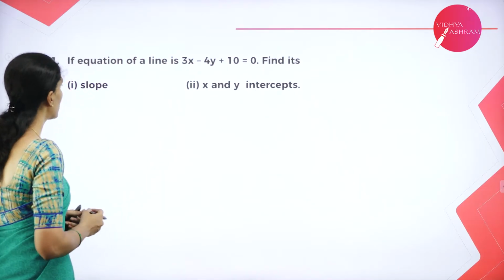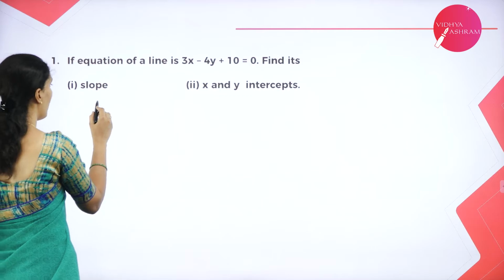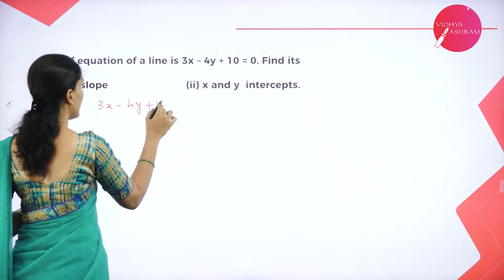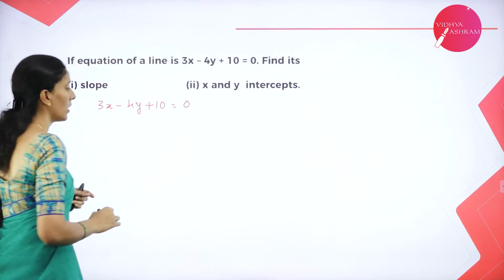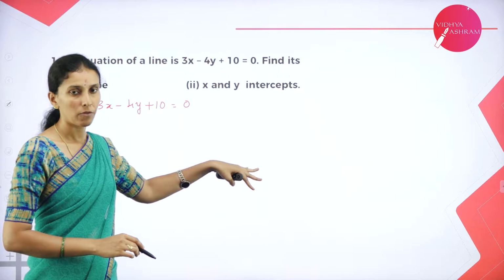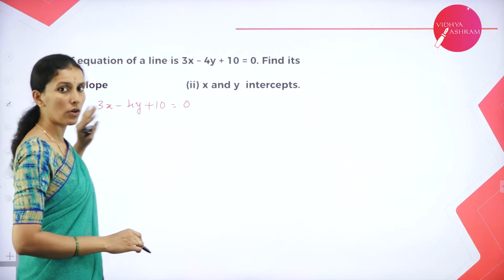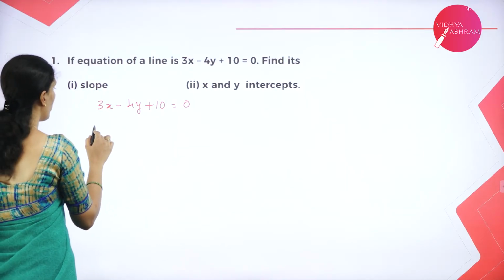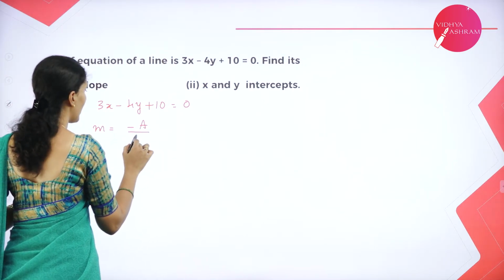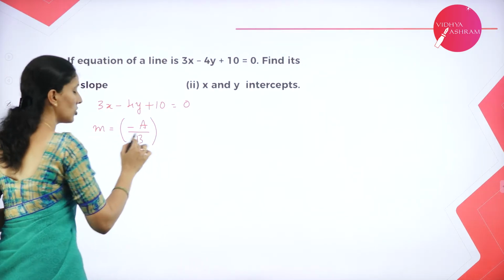Now, here the first is slope. So, we have 3x minus 4y plus 10 is equal to 0. So, either you can convert it into slope intercept form or directly write what is your slope value. So, your slope value is m is equal to minus a divided by b. So, this is the actual formula.